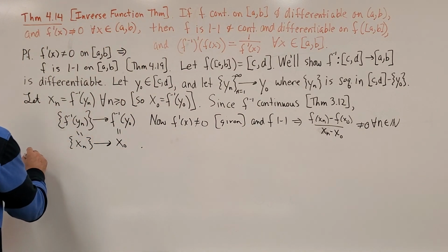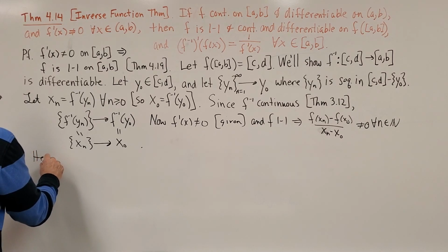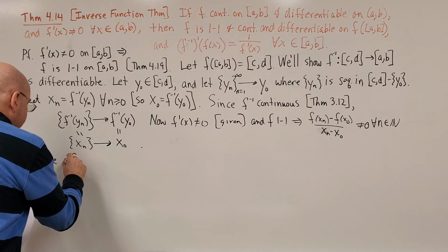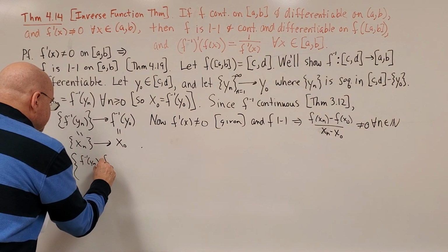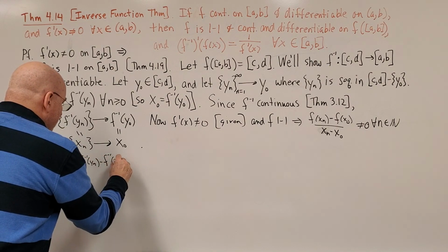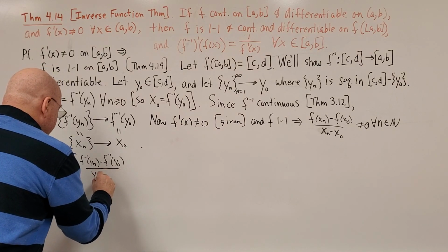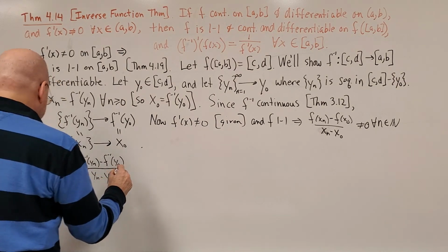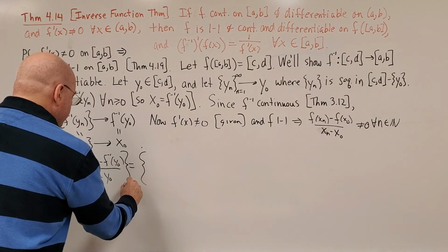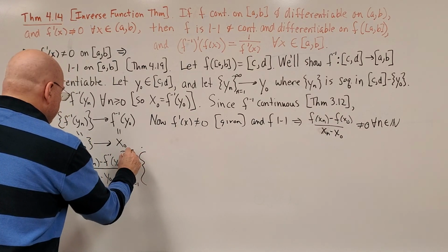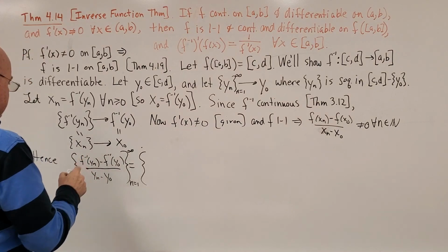Hence, this sequence, (f inverse of yn minus f inverse of y0) over (yn minus y0), which is equal to, I'm just going to do a little bit of substitution here.